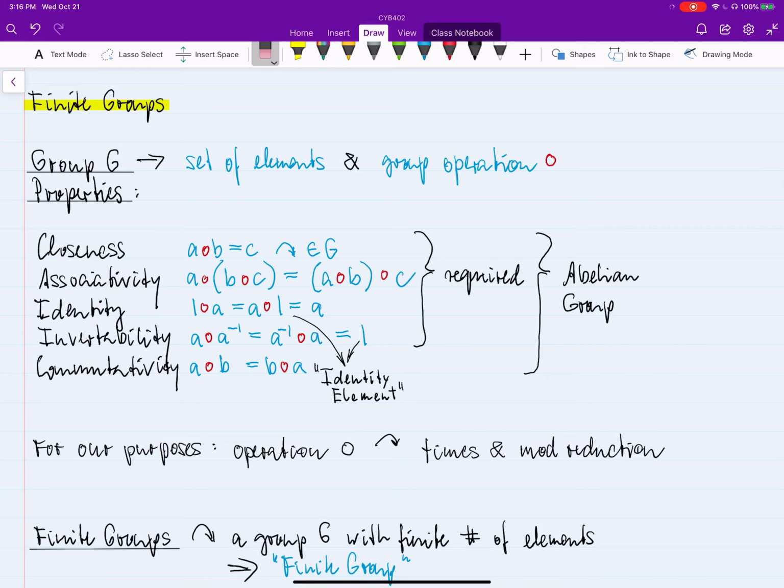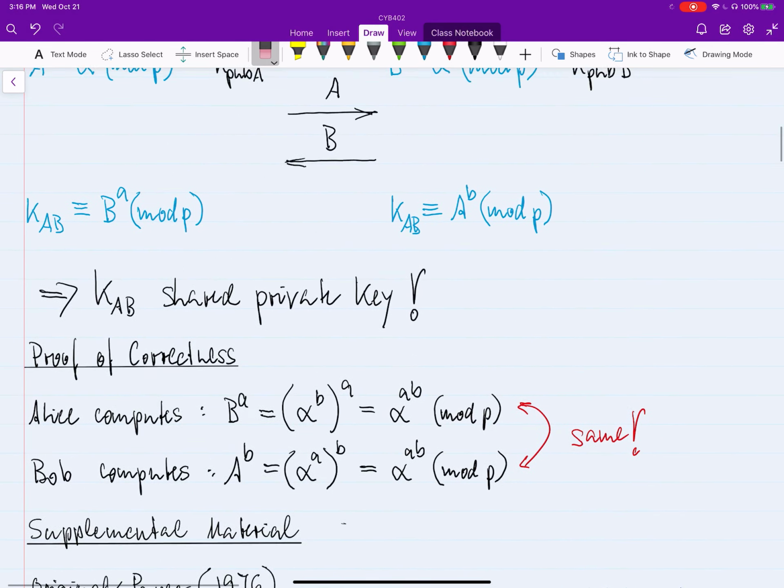Alrighty. So this leads us to the discussion of finite groups and eventually of cyclic groups. So why is that?